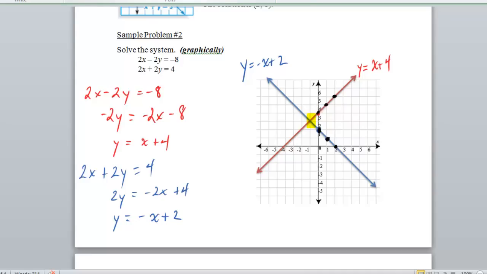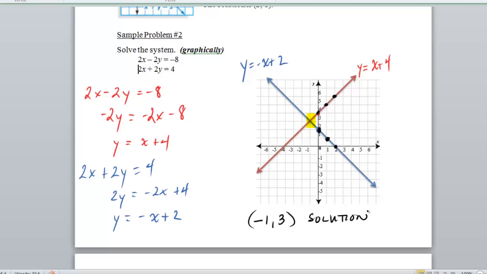So in this particular case, (-1, 3) would be the solution to the system of equations. Now, if you had not taken your time and drawn a nice line with a straight edge and gotten a good clean line on both of those, you may not have seen it cross exactly at that grid point, which could cause a problem. So be sure to take special care with your lines.